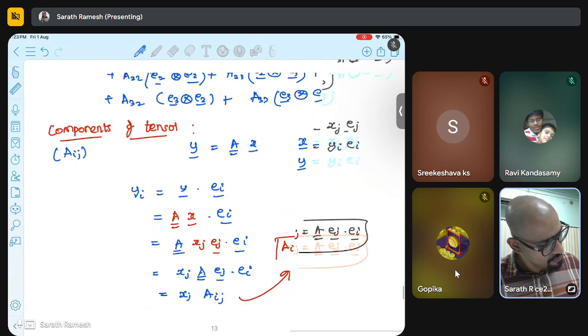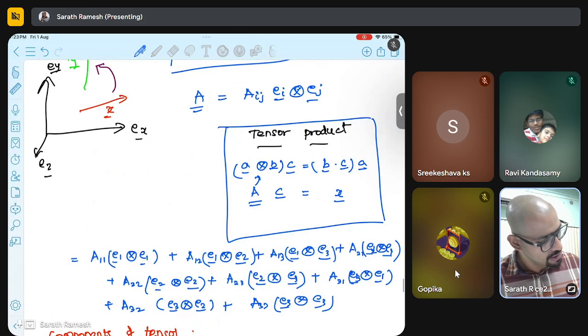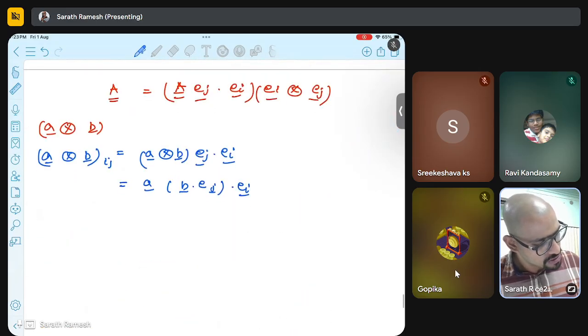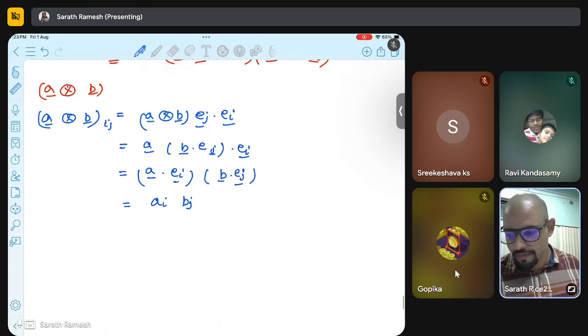This comes from the definition of the tensor product. Again we can write A dot e_i, a scalar, B dot e_j. Scalars are commutative, so you can simply rewrite this as A_i B_j.